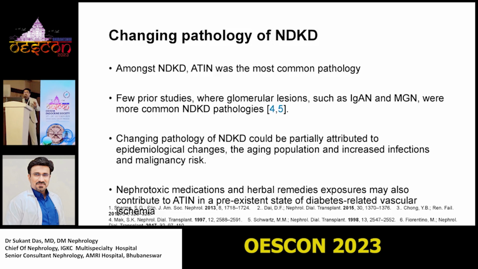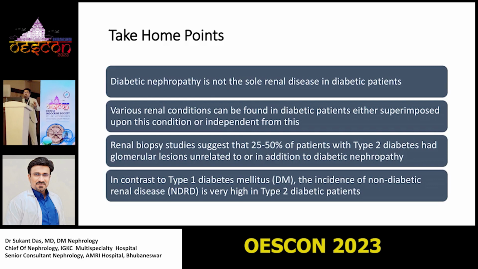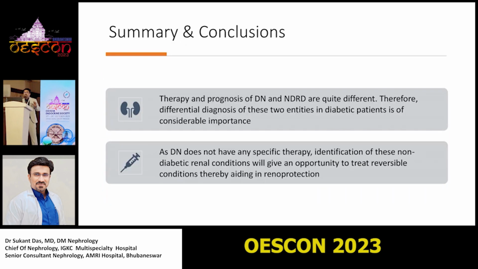A probable factor is that the indicator for kidney biopsy in these patients was a deterioration of renal function. So in those patients who had diabetes, kidney disease, and AKI, probably acute tubular interstitial nephritis was more common. However, in the subset of patients who did not have acute kidney injury, still IgA nephropathy and membranous nephropathy were more common.